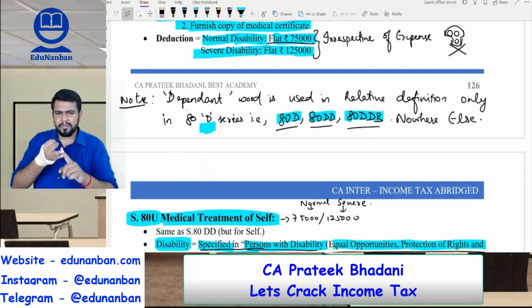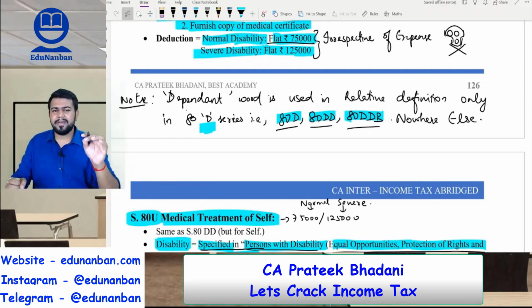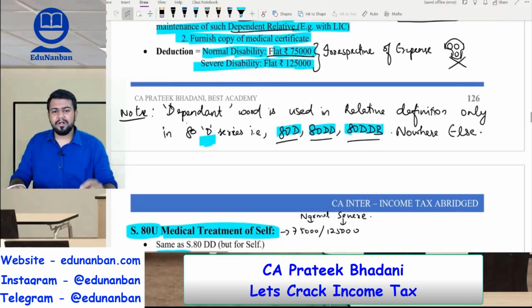Spouse and children. You will not find the words dependent spouse or dependent children in the definition. Hence, in the exam, for any deduction other than the 80D series, if you get wordings in the question such as dependent children, dependent parents, etc., just ignore it and just see whether they are in the relative definition or not. In the question, they will give you dependent only to confuse you. They will also give you minor children, major children, etc.